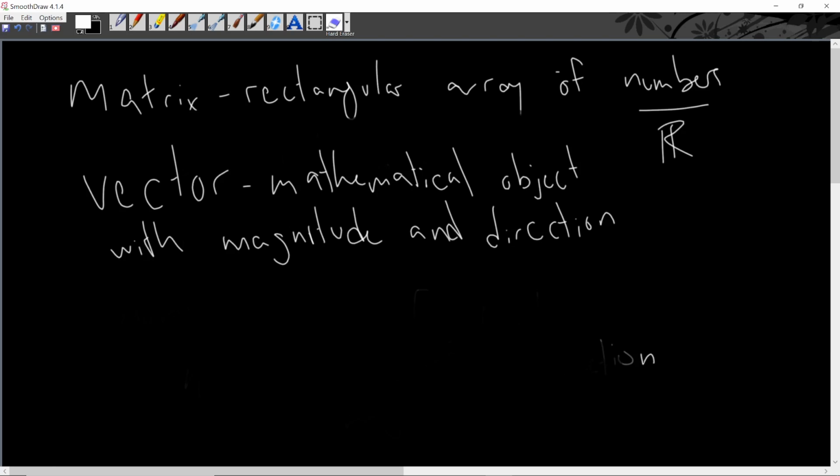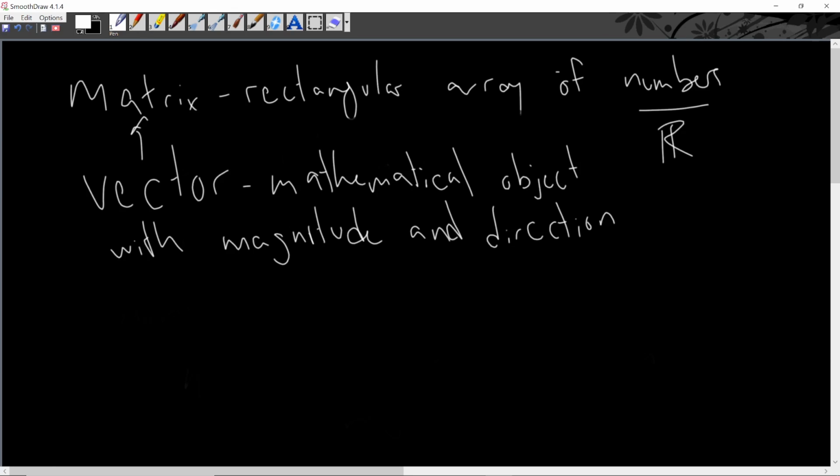And we can actually write our column and row vectors as vectors. I also forgot to say the second definition of a vector. This will be mostly used in computer science. It's rather similar to the matrix definition.